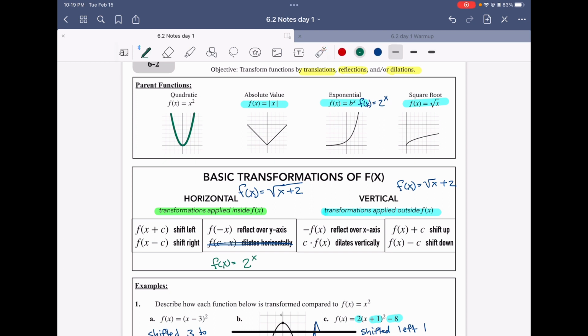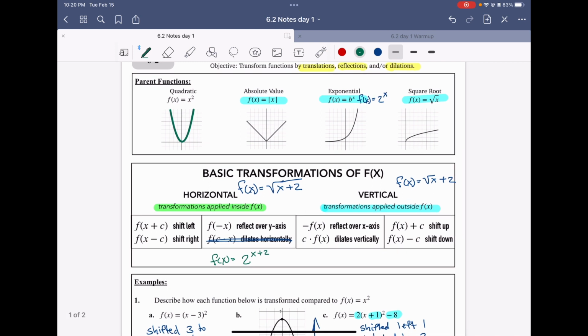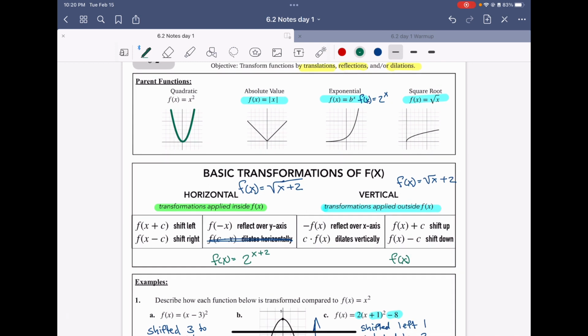If it applies in the exponent, it means it's going to happen up in that exponent space. That's what it means for it to be applied inside the function in an exponential function. So outside the function would look like 2 to the x and then adding a 2 there. So I just wanted you to see the difference between what something looked like when it happened inside the function versus what it looked like outside the function.